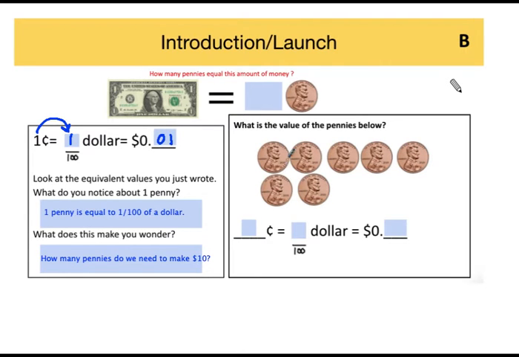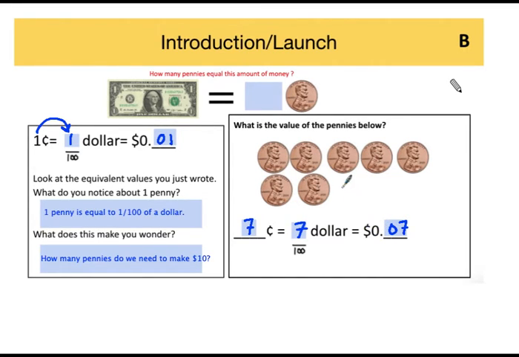So each one's worth 1 cent. So 7 of them would be worth 7 cents. And that would be 7/100ths of a dollar. And since it's 7 cents, we would write it as 0.07.